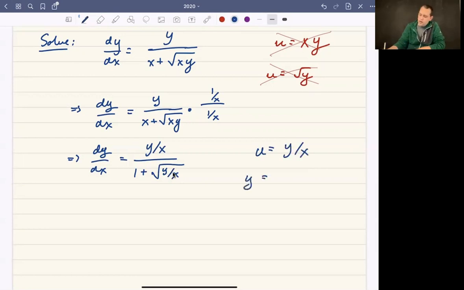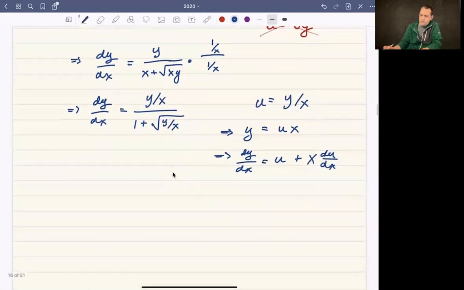If we solve this for y, we get y = ux. And then we can find dy/dx, which is going to be the derivative of ux with respect to x. So that's going to be u plus x times du/dx. And that's going to be our dy/dx.